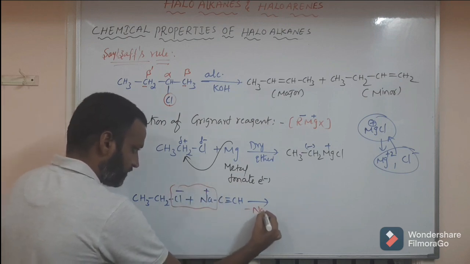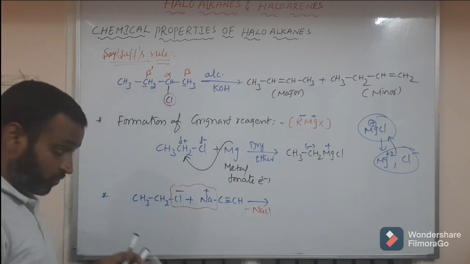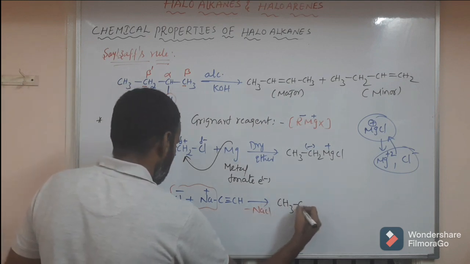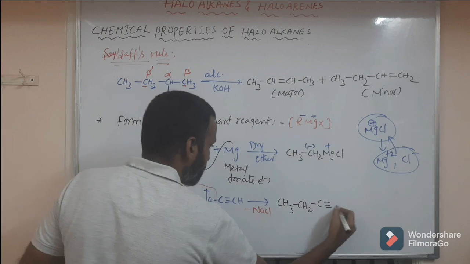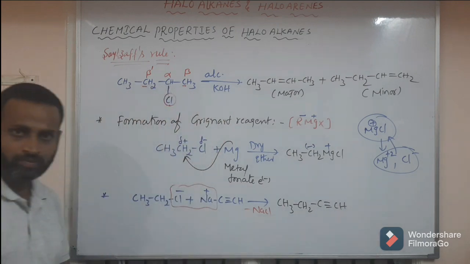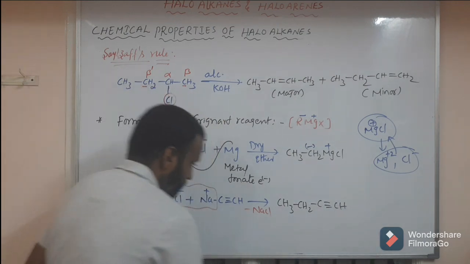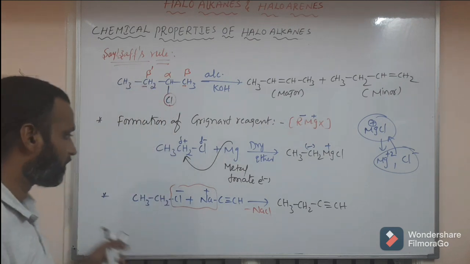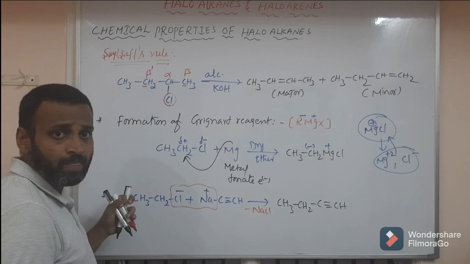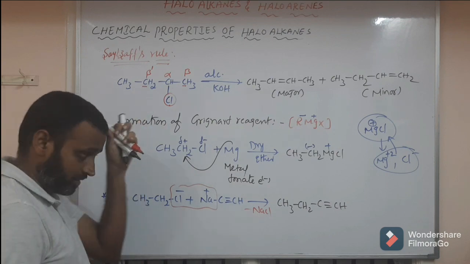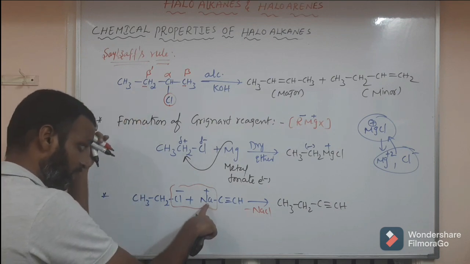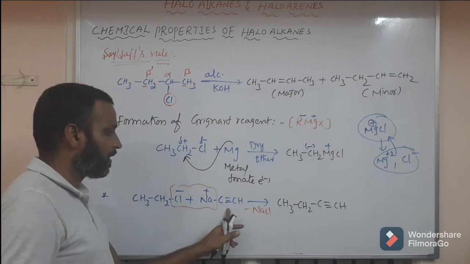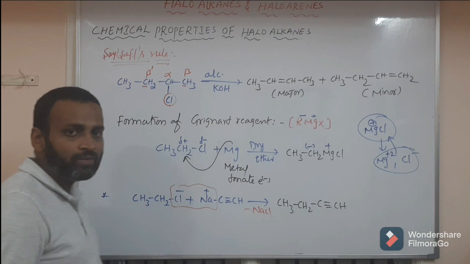So minus NaCl you have there. What product do you have there? CH3CH2C triple bond CH. This is one of the properties you have to remember. Alkyl halides are used to increase the number of carbon atoms in alkenes and alkynes. For that, you have to take metallic alkenes or alkynes.